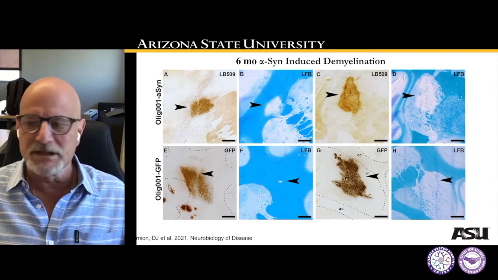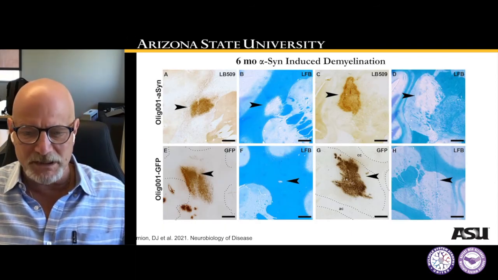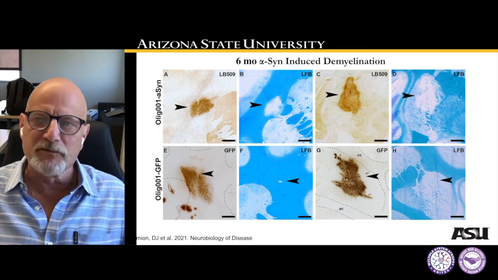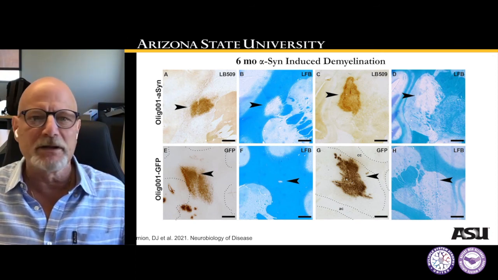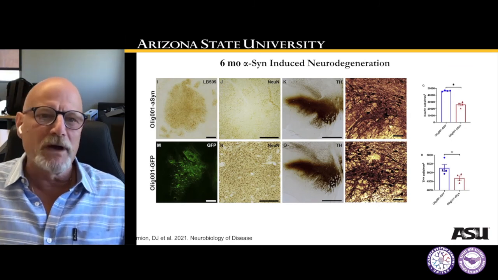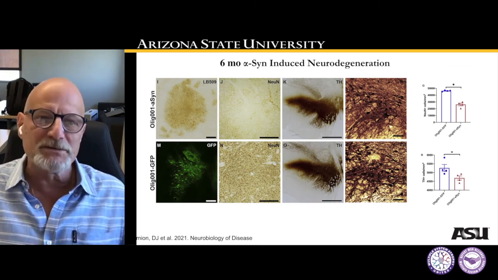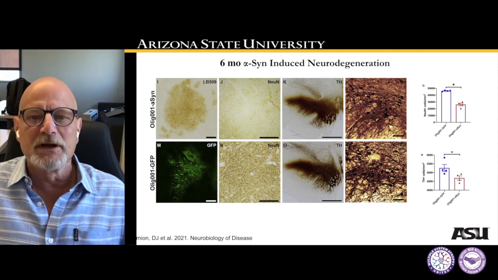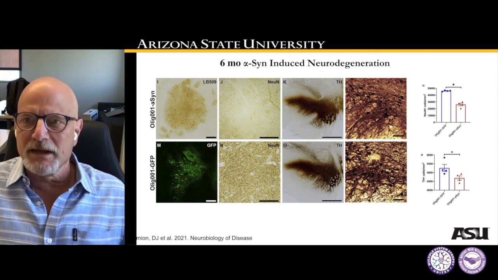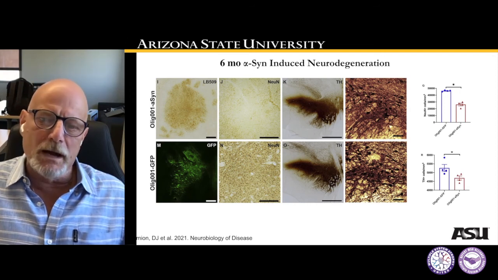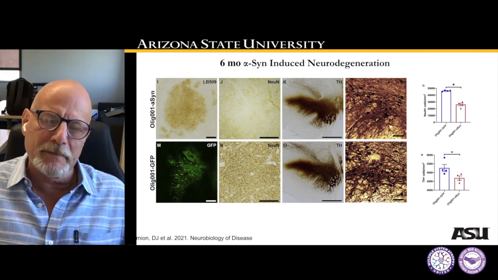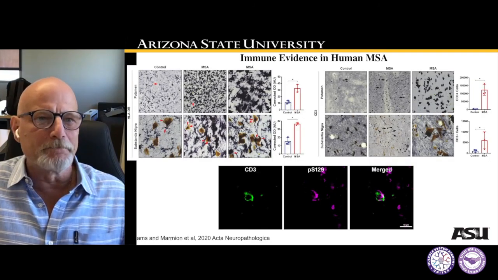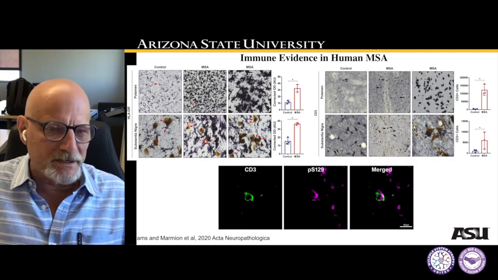At 6 months, we see this demyelination very much as I've shown you before. For brevity, I'm not going to go into that, but let's go into degeneration. At 6 months, not at 3 months, but at 6 months, we see loss of NeuN positive cells in the striatum, loss of TH positive cells in the substantia nigra, just like what is seen in human MSA.